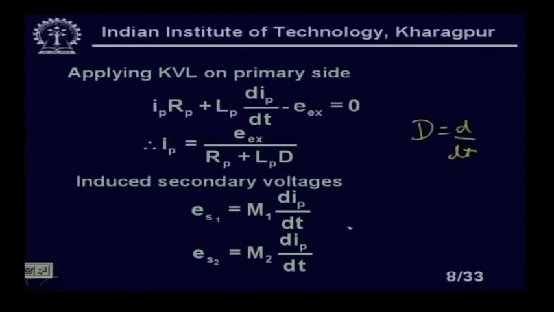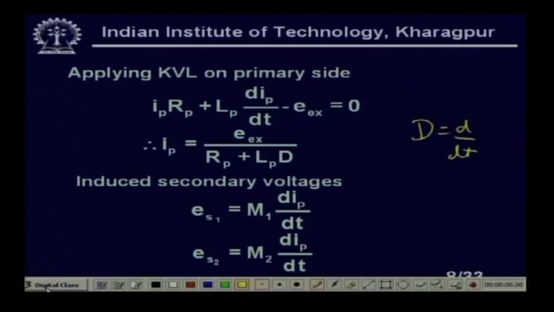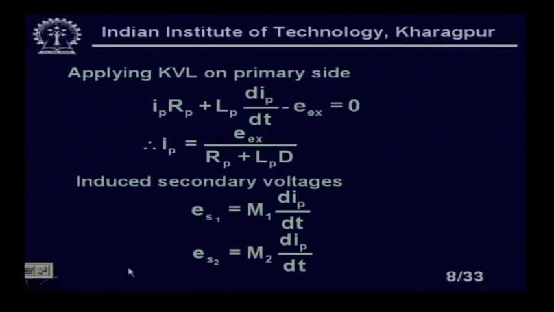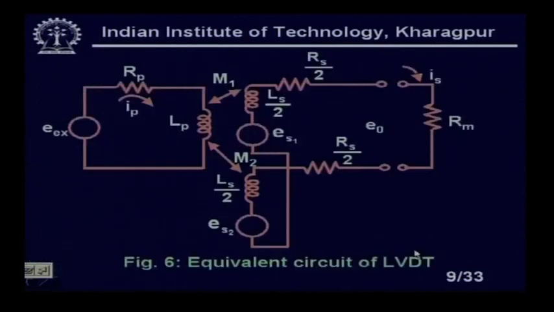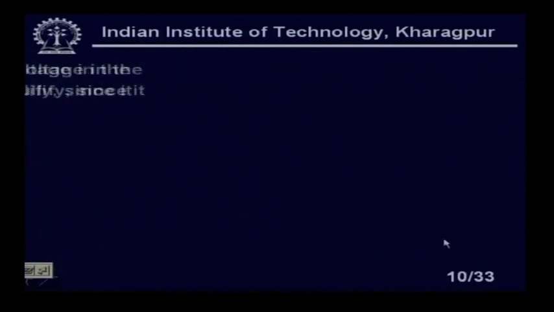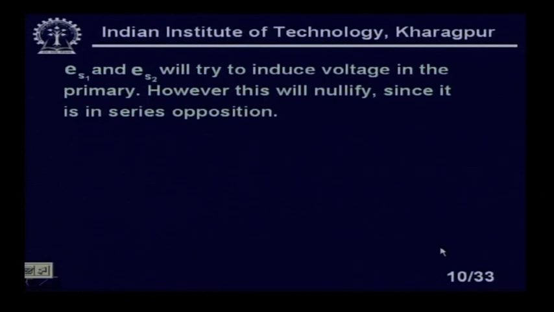This we have already discussed. Now, let us look at it. Es1 and Es2 will try to induce voltages in the primary, however, this will nullify since it is in series opposition.